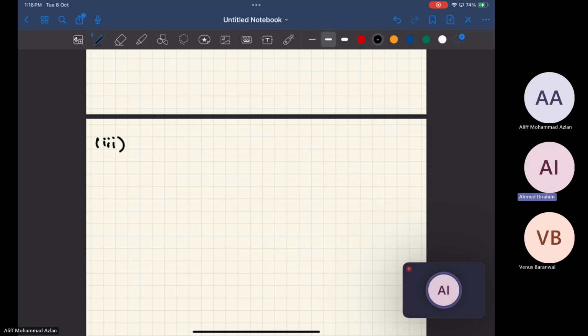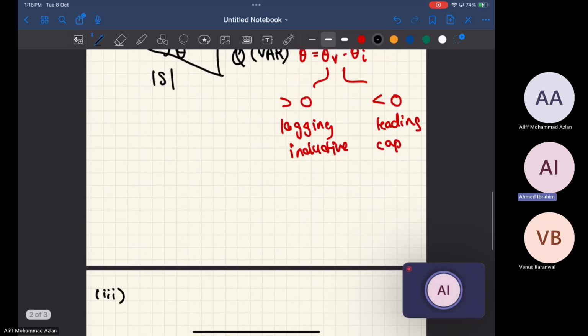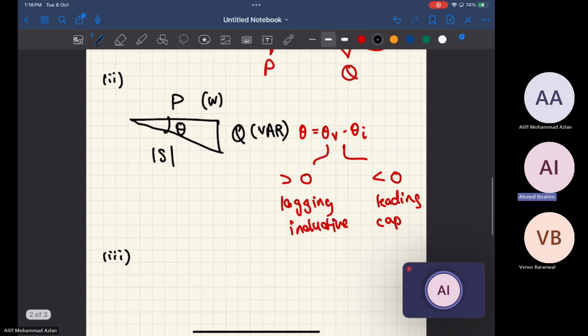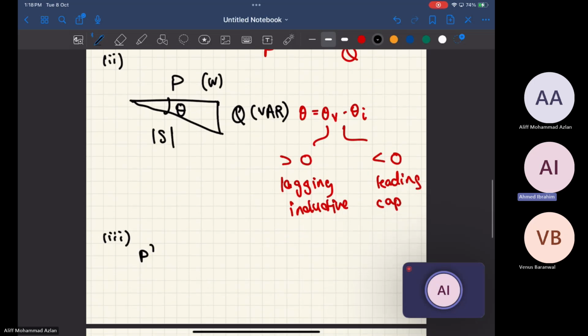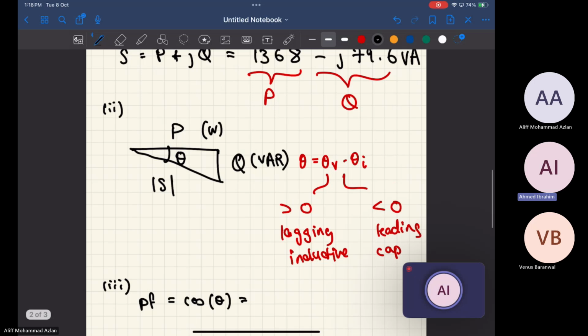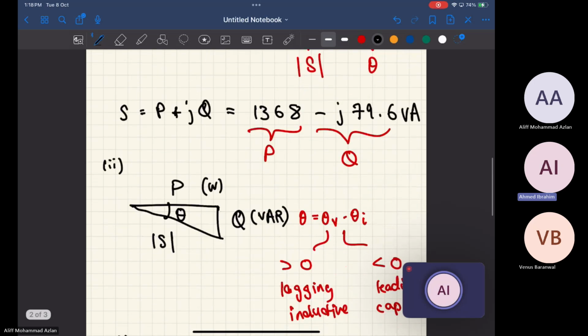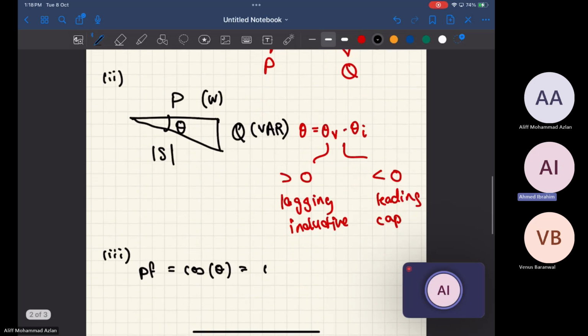Part 3 is asking to calculate the power factor. So that's straightforward. Power factor is just equal to cosine of theta. So that's the cosine of 3.33, and that gives us 0.998.